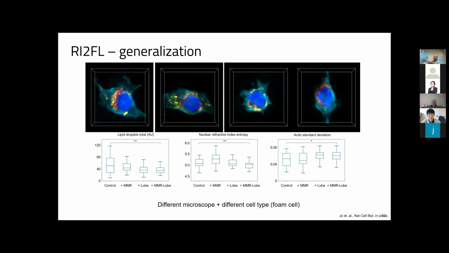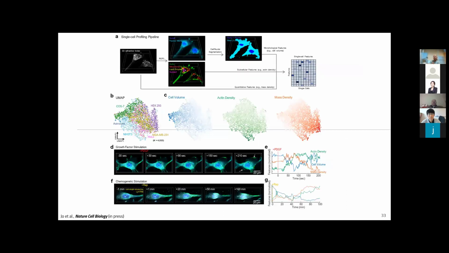But since we are using highly reproducible and highly quantitative physical parameters, the refractive index, there is some generalization.